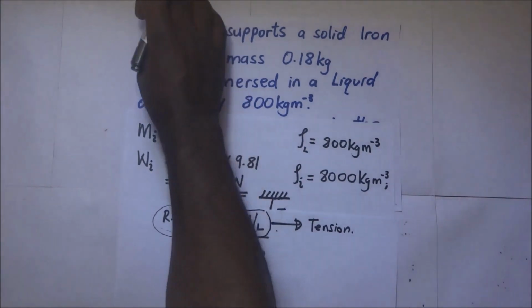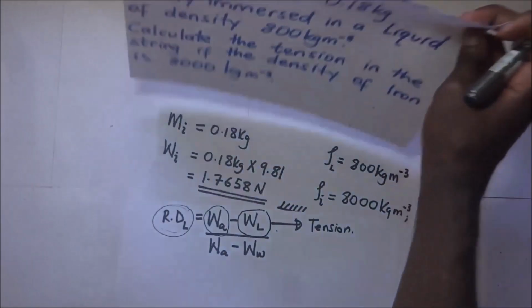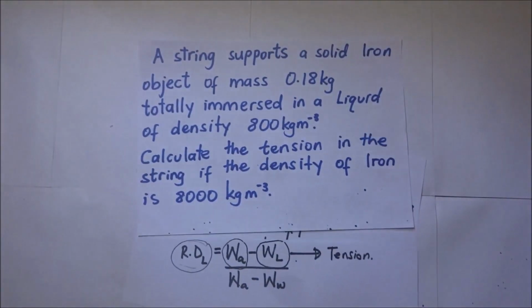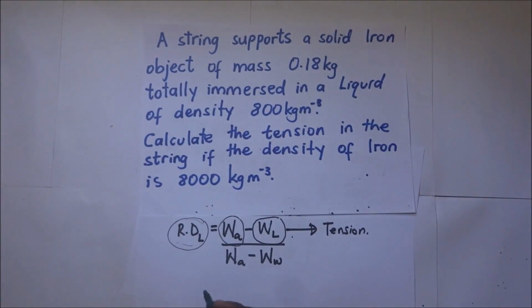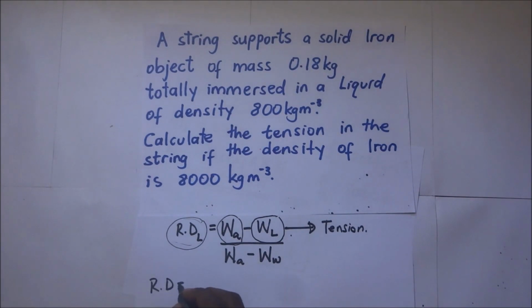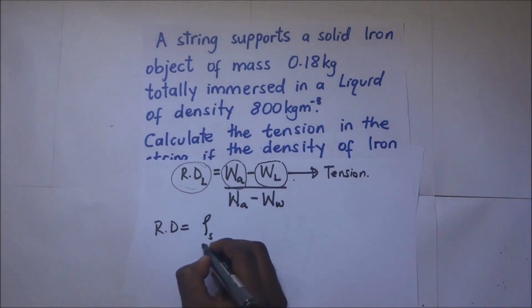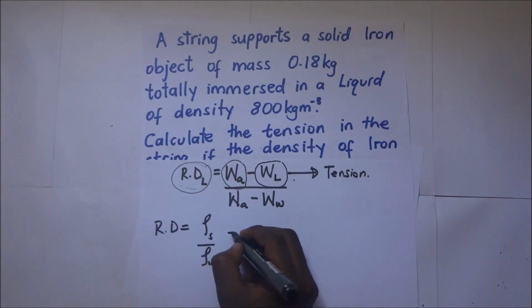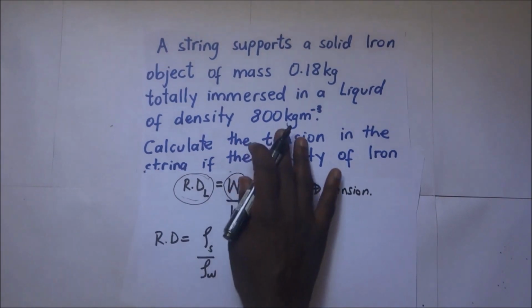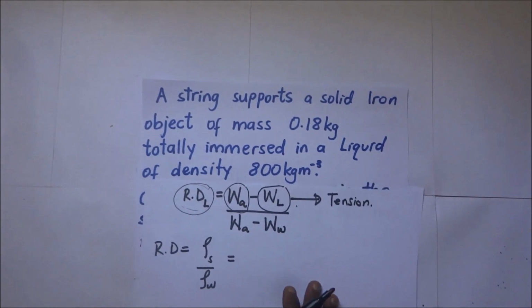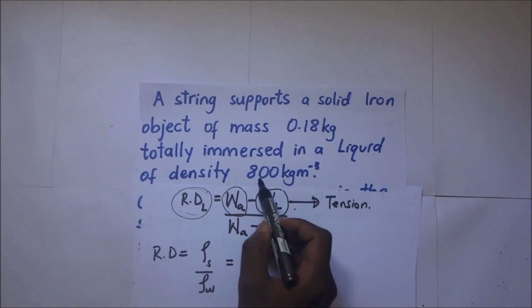Now, from our question, to find the relative density of the liquid, we know that the primary definition of relative density is the density of a substance divided by the density of water. In this case, the substance is the liquid.